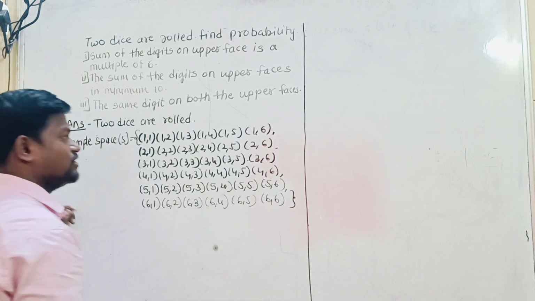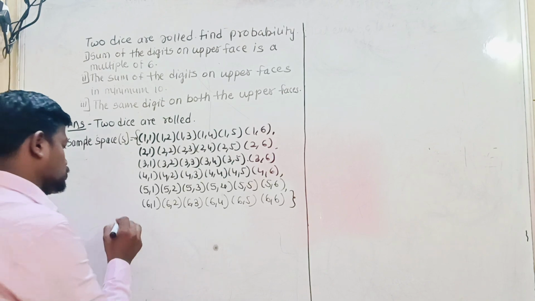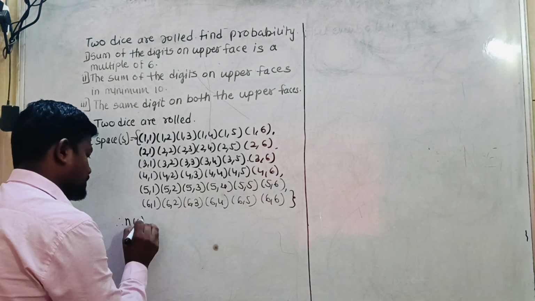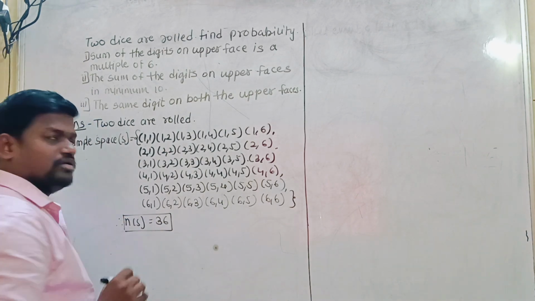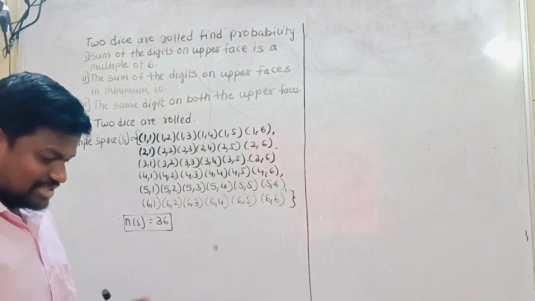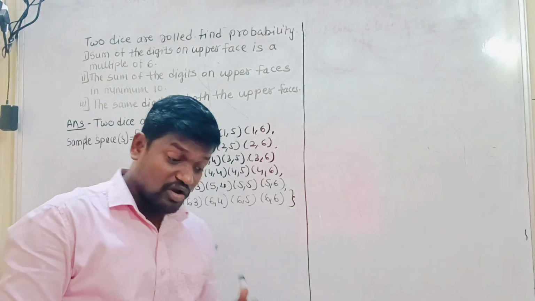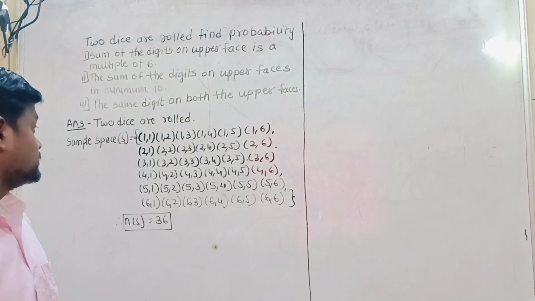So this is our final sample space. When we count them, we get 36. So our number of S, the number of sample points, is 36.